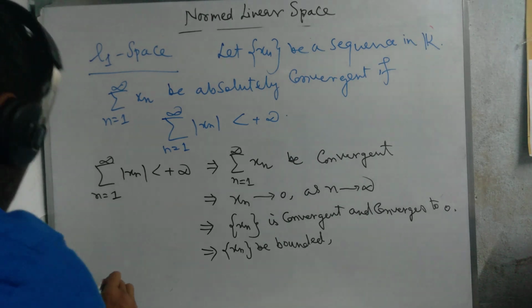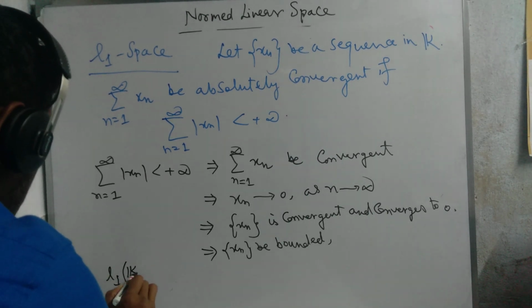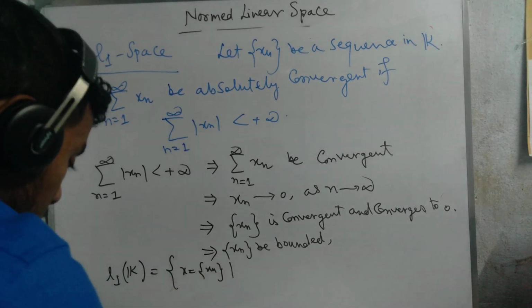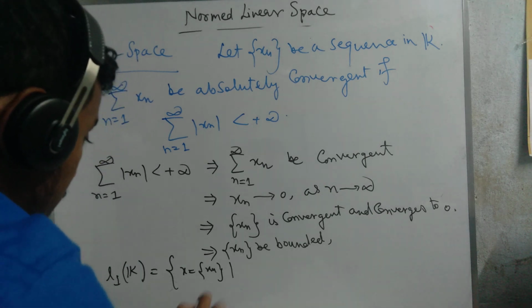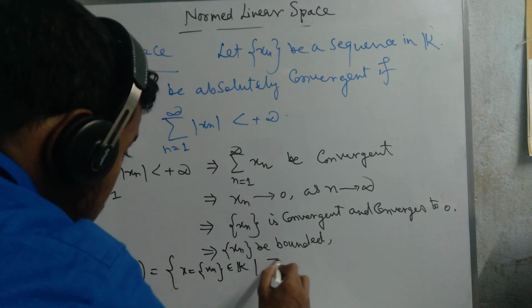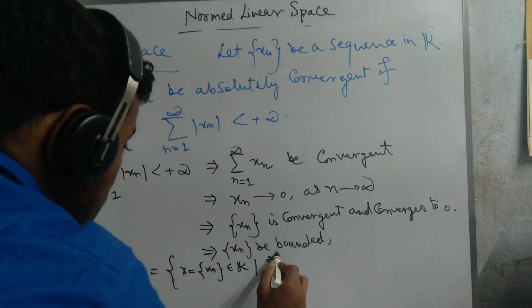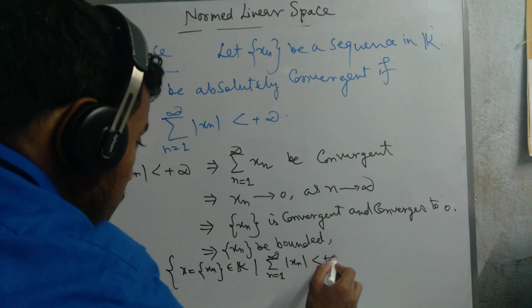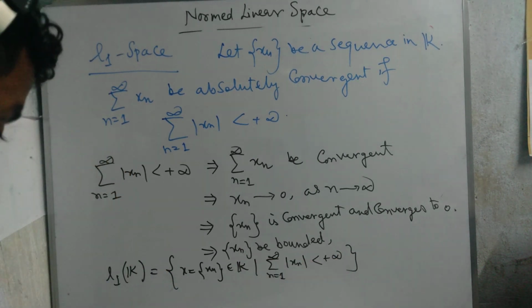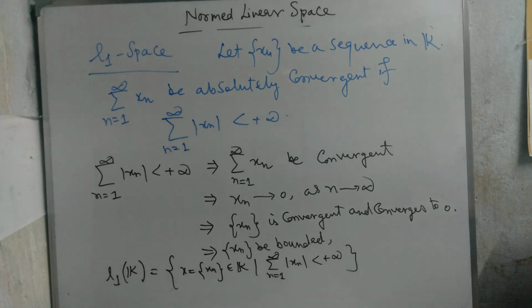Then L1 k equals those x equal to xn, xn in K, such that the summation n equal to 1 to infinity of mod of xn is less than plus infinity. Now we are going to discuss that L1 k is a vector space. We have to show that.